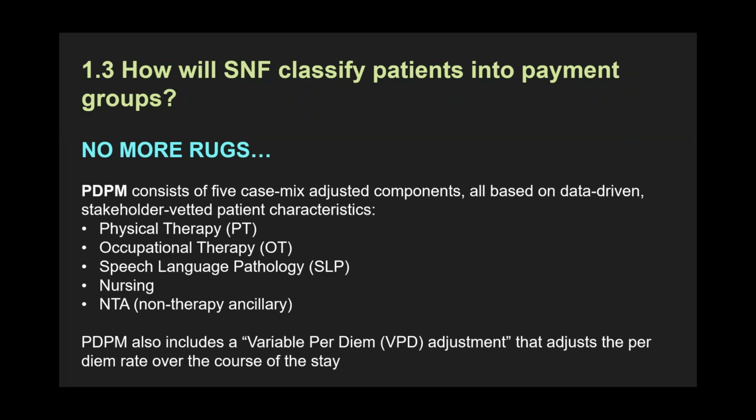So how will the SNF classify patients into the payment groups? No more RUGs. Right now we're classifying first for therapy, at least, under the amounts or intensive minutes of therapy. Nursing has basically their clinical components, okay? So under this new PDPM system, there's going to be 5 case mix adjusted components.